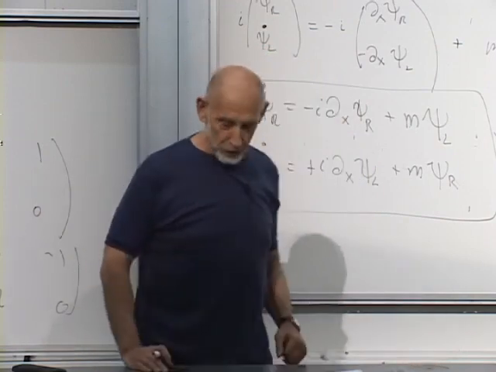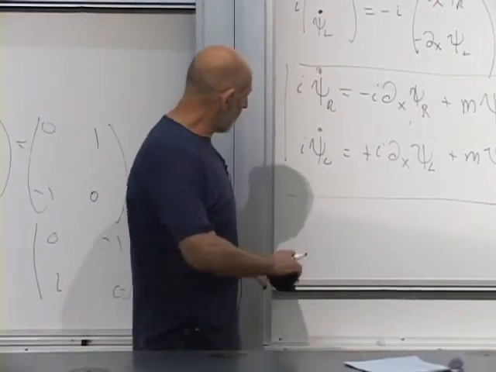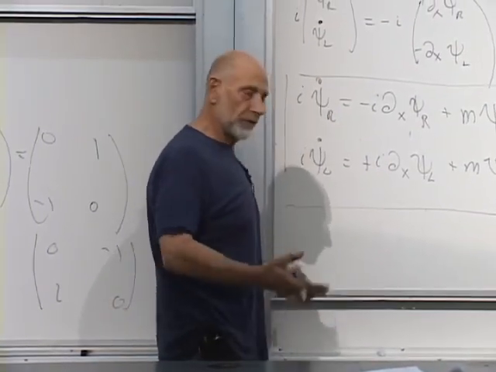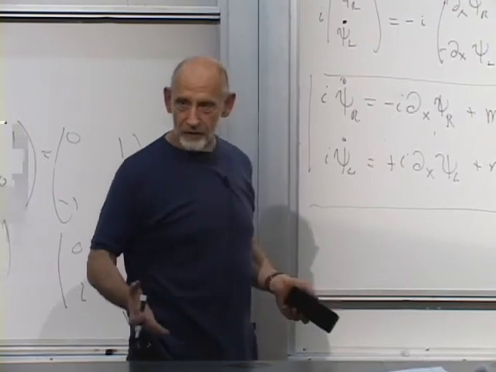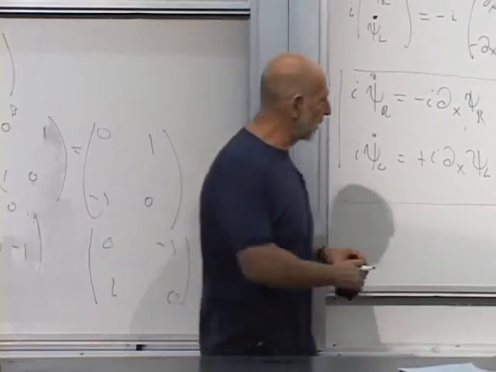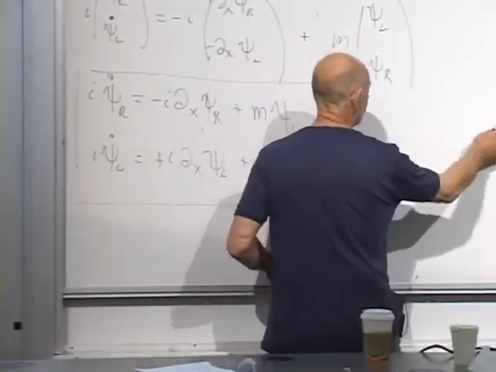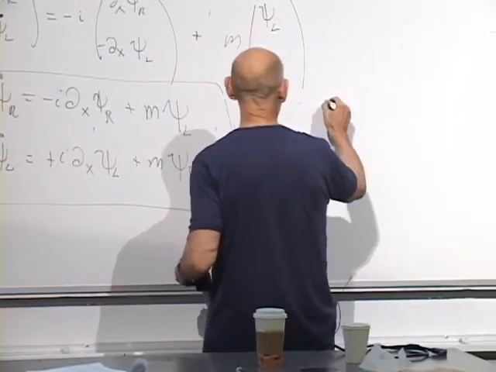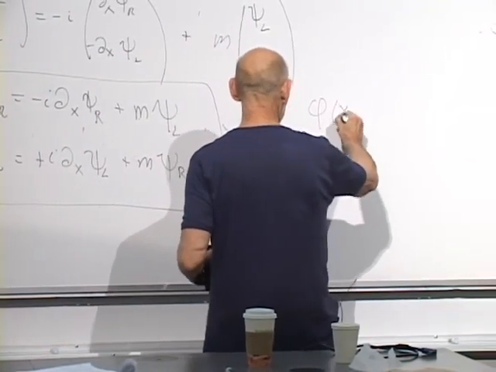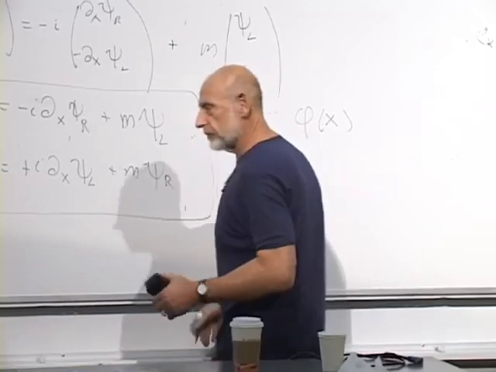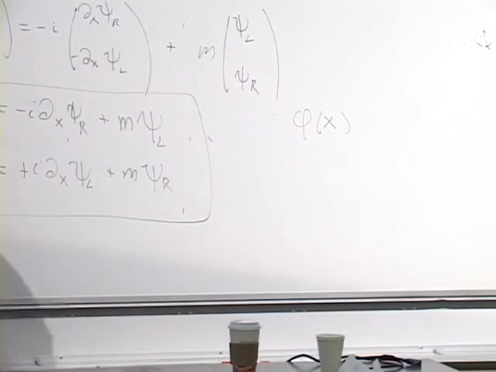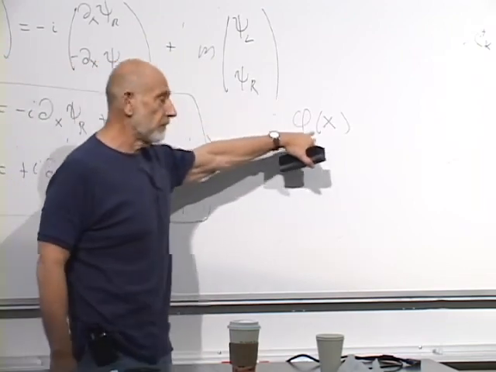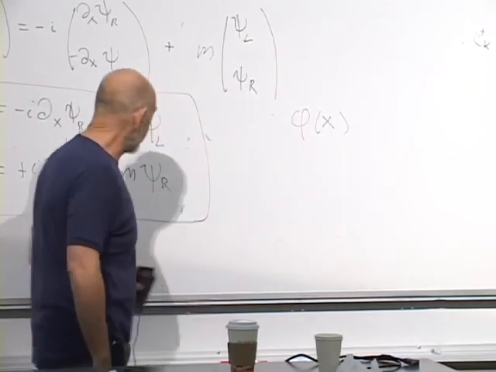The equations of motion for the fermion fields involve the Higgs field, which is another field. Let's call it phi of x, and it's a scalar field. The equations of motion first of all contain an equation of motion for phi, but let's not worry about what it is.